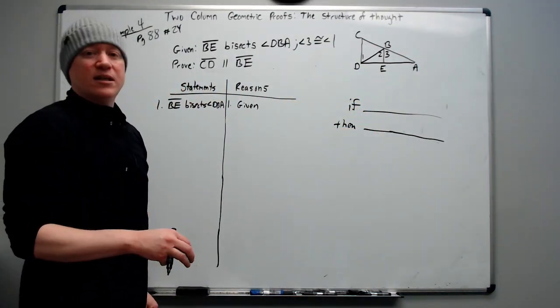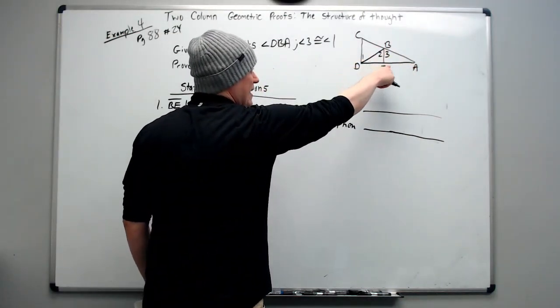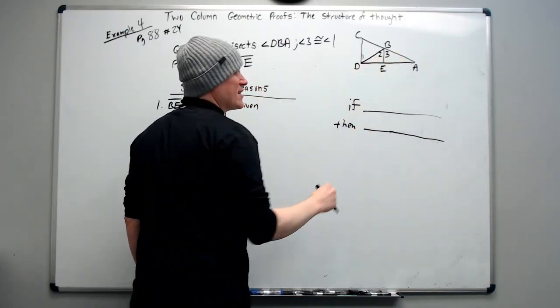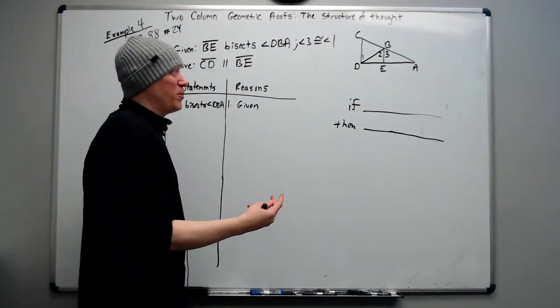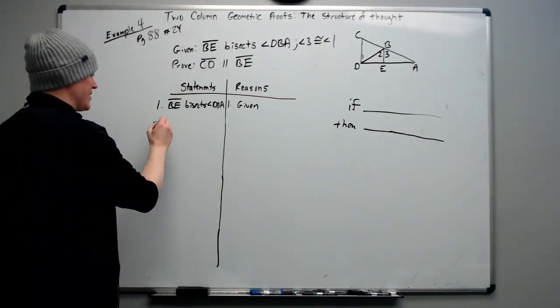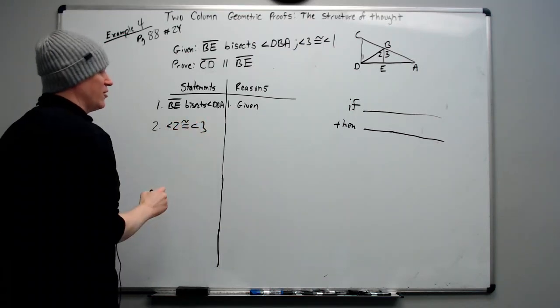Well, which 2? Well, look at angle DBA. It's BE, this segment right here, that is the bisector of this angle. Well, what's it splitting into 2 equal parts then? Angles 2 and 3. So that's the second step. It is angle 2 is congruent to angle 3.